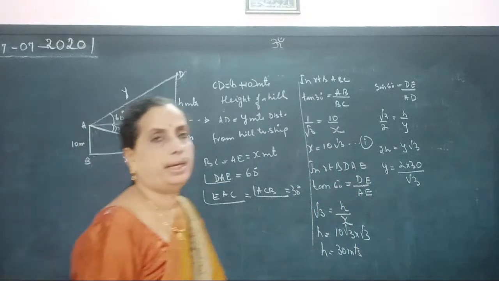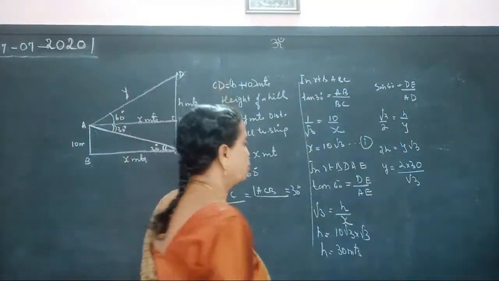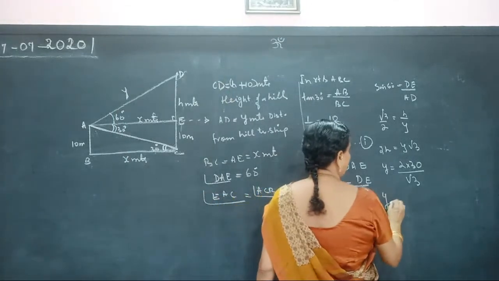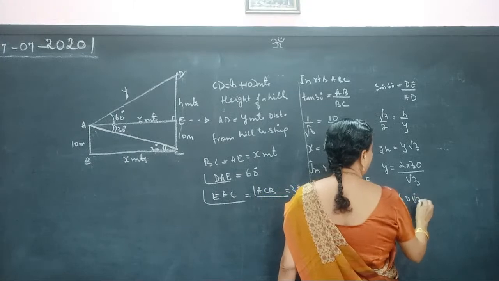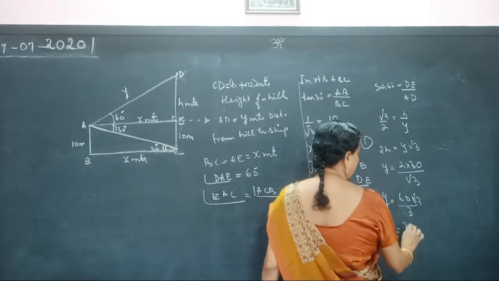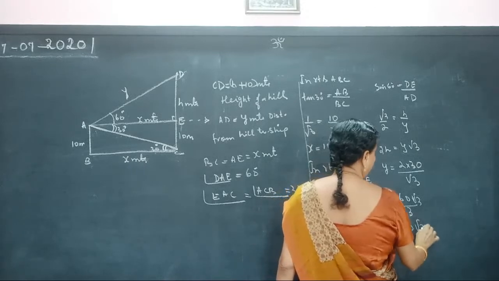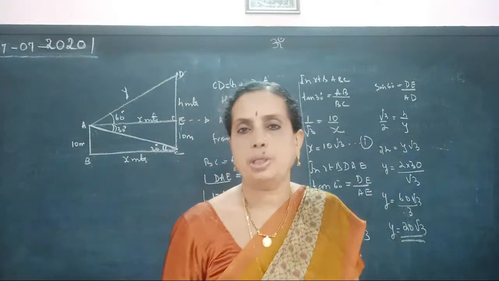Either you can take it as y or length, hypotenuse length. So now y equals 60 root 3 by 3. That is y equals 20 root 3. This is distance of the hill from the ship.